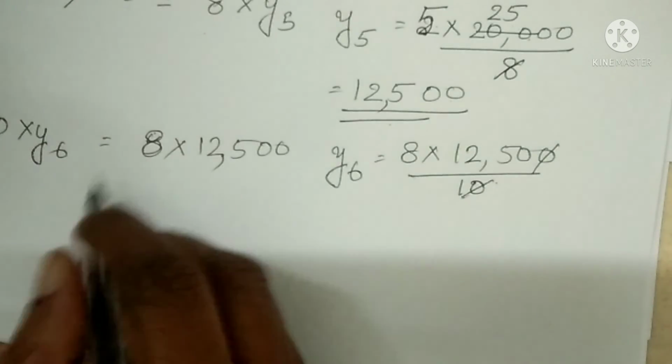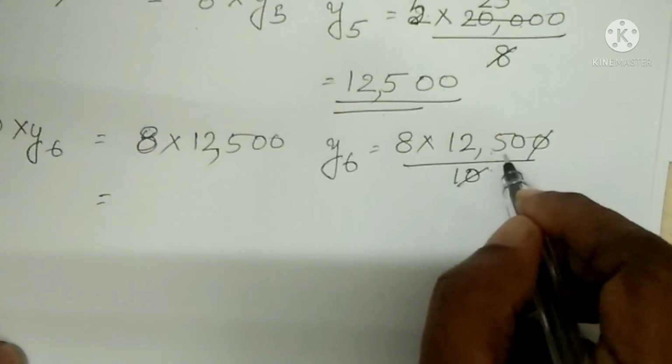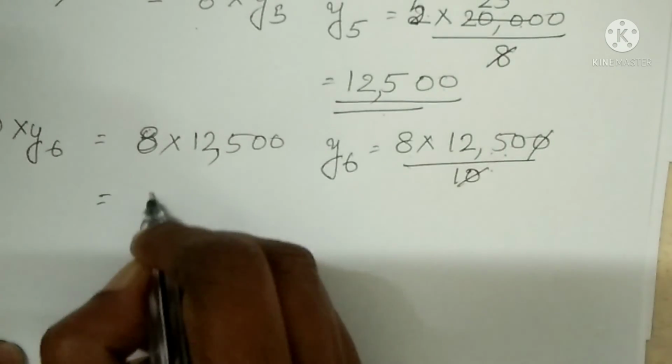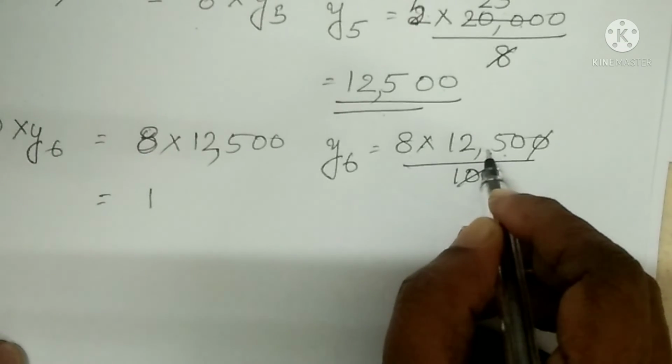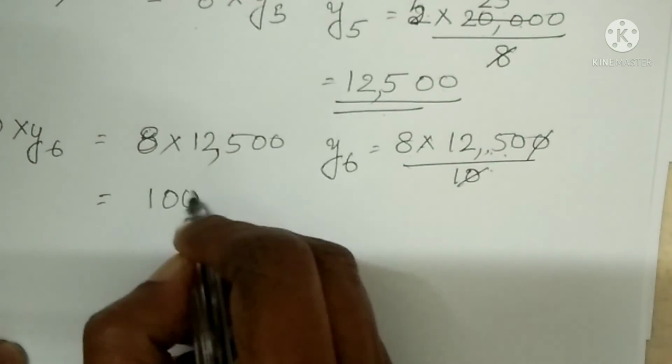So what will you get? 125 into 8: 125 into 2 is 250, into 4 will be 500, into 8 will be 1000.